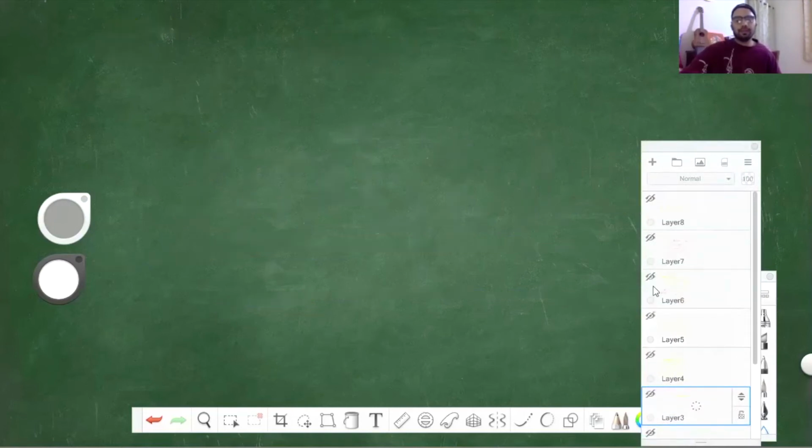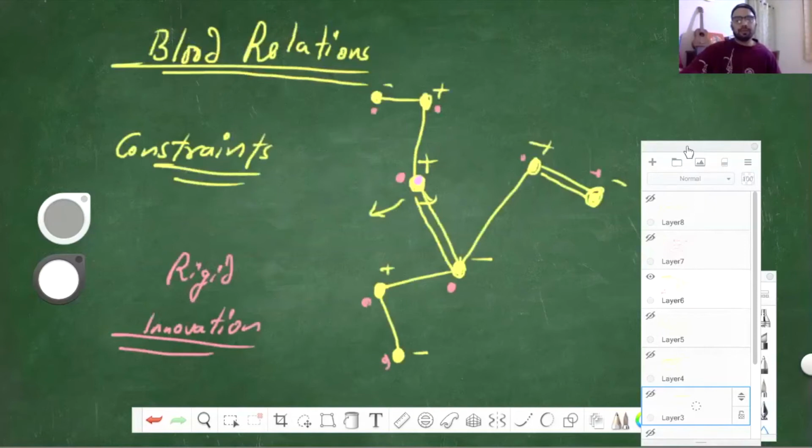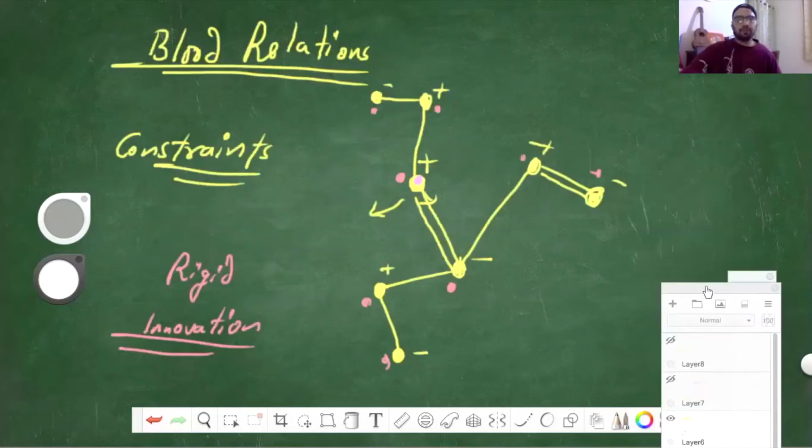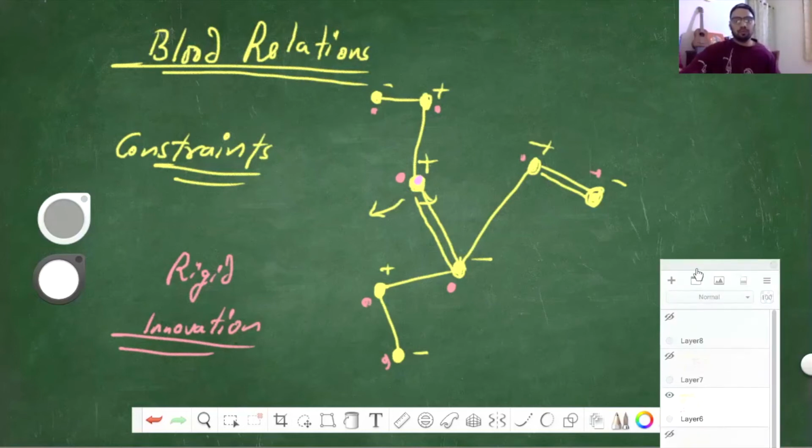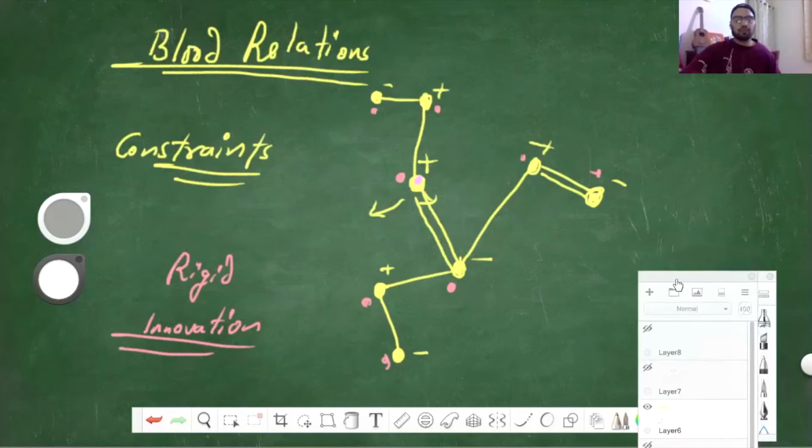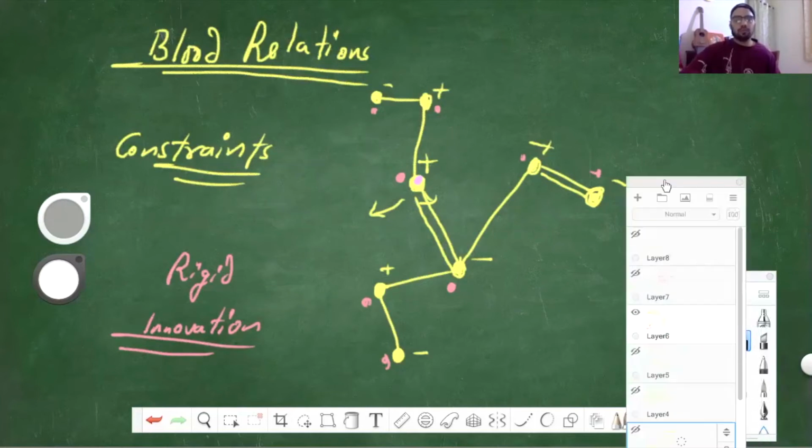Then we took the example of blood relations and showed the rigidity, and how innovations happen more in smaller groups and not in larger groups. That's the kind of question that is also asked in government examinations.